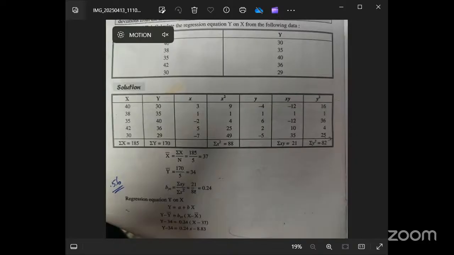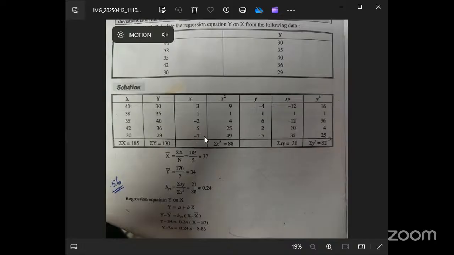Before going to that, we need to see how we got this xy. x into y. What is the x value? 3. And what is the y value? Minus 4. 3 into minus 4, we get minus 12. Similarly, next one, 1 into 1 is 1. Next value, minus 2 into 6, minus 12. Next, 5 into 2, 10.